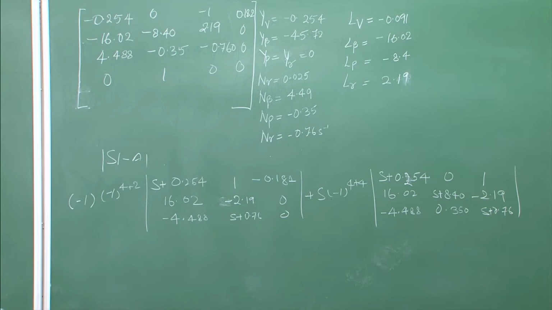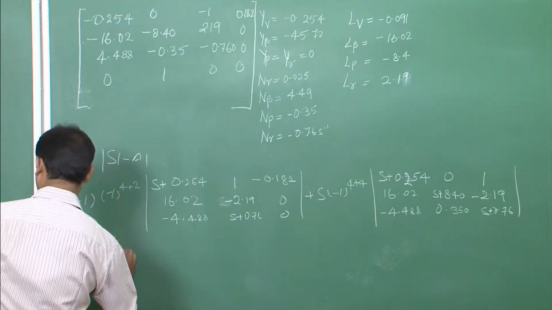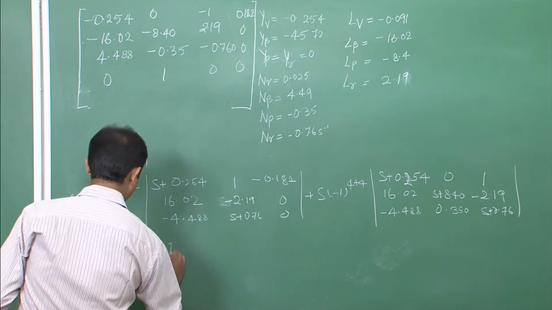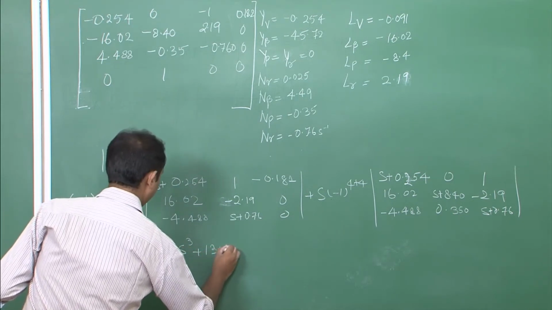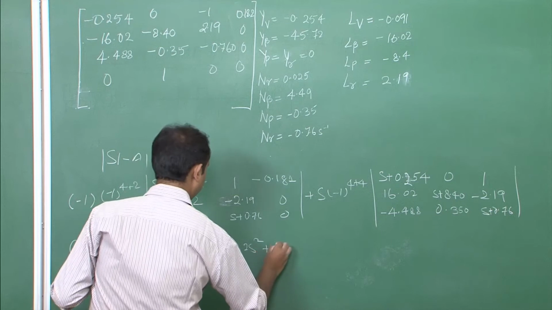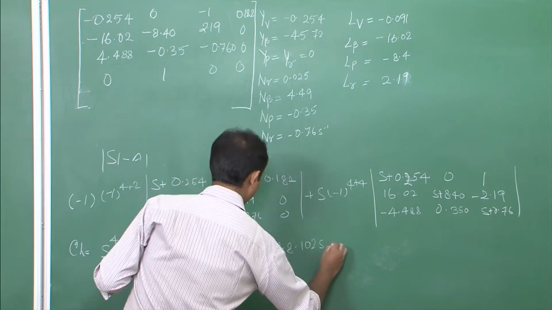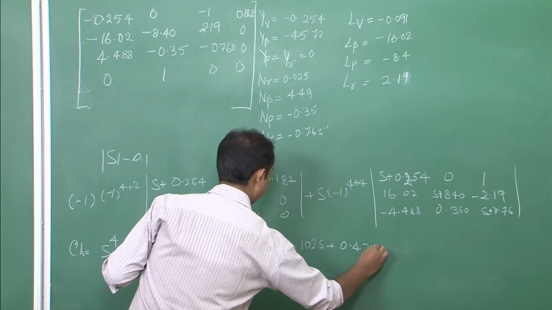Now I won't be doing the full calculation. Just do the calculation, and the final characteristic equation for the lateral directional matrix is s to the power 4 plus 9.417 s cube plus 13.982 s square plus 48.102 s plus 0.4205.